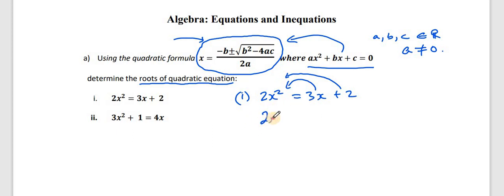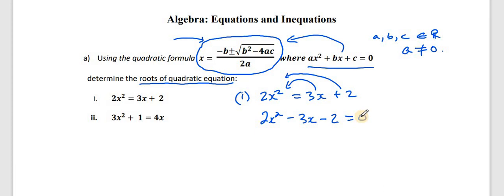We write the 2x squared that we have there so far. The 3x will be transposed from the right hand side of the equal sign to the left hand side. Because it's a positive 3x, it will now become a negative 3x. The plus 2 from the right hand side will be transposed to the left hand side, and we'll have a minus 2.